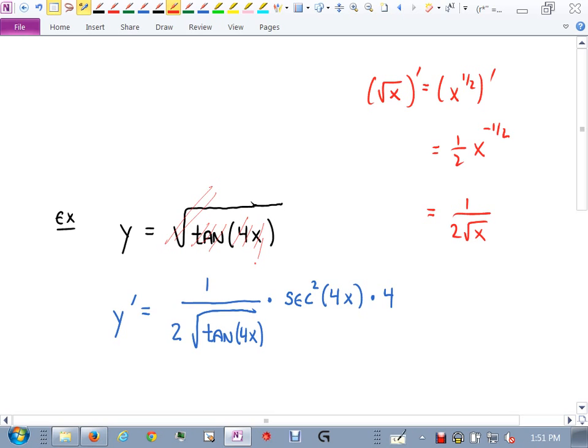If you try and do the derivative of tangent and 4x at the same time, you say secant squared and then 4 in here, you've used the chain rule incorrectly. You've tried to do too much derivative too fast. That's what happens with chain rule. That's the little problem I see: people will do 1 over 2 square root, and then they'll put secant squared in here. You've gone too far. You can only do one of the layers at a time. Did that answer your question?